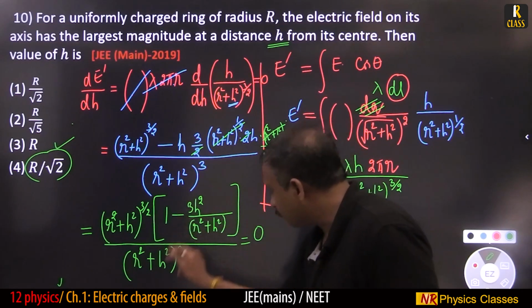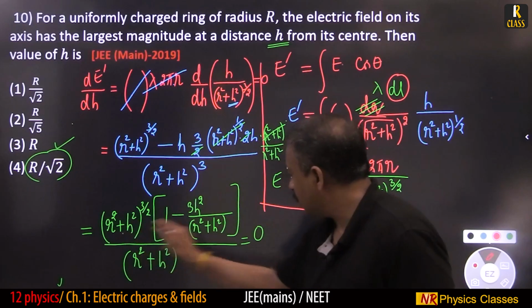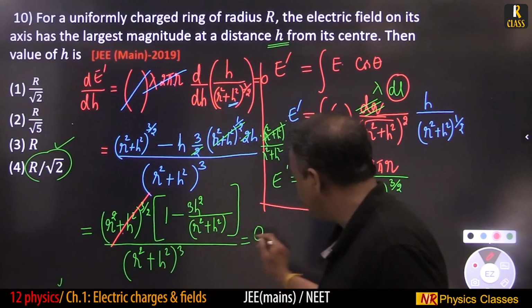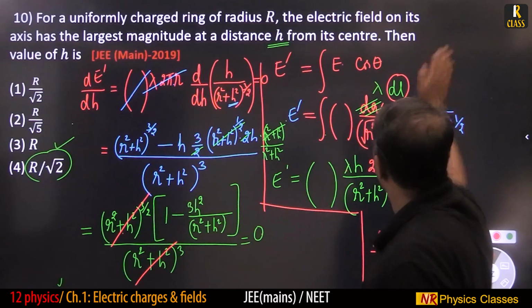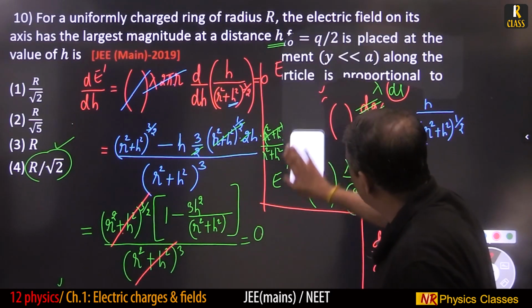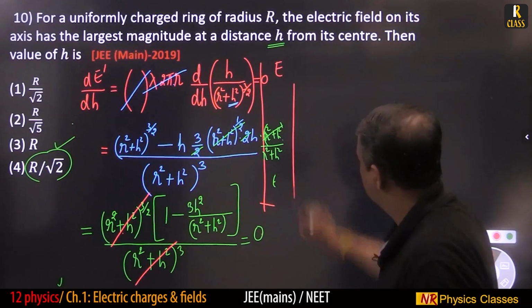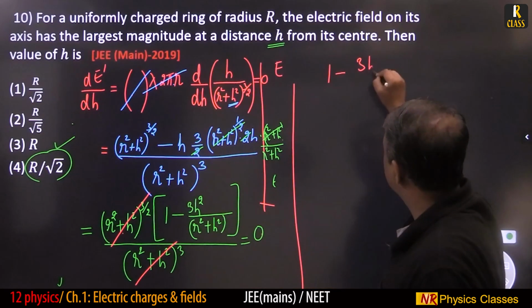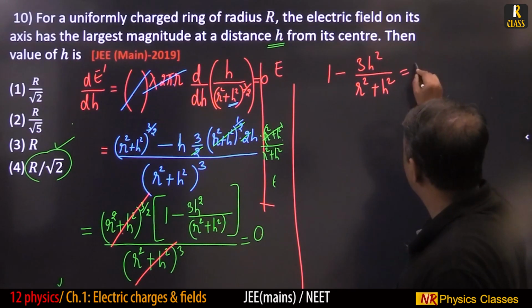See, it is a product, and this cannot be 0. Drop this. This cannot be 0. Drop this. So equate this to 0. One minus 3h square by r square plus h square equals 0.